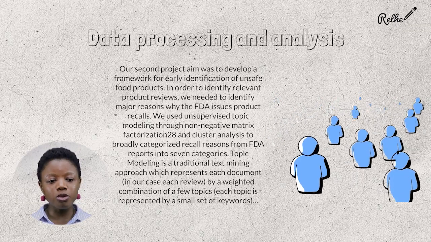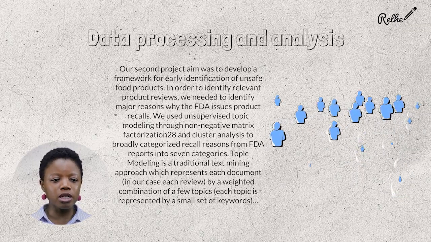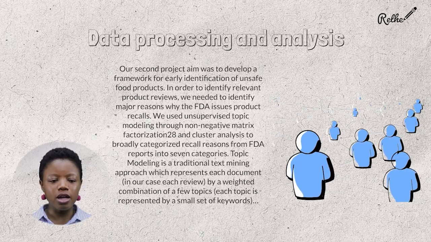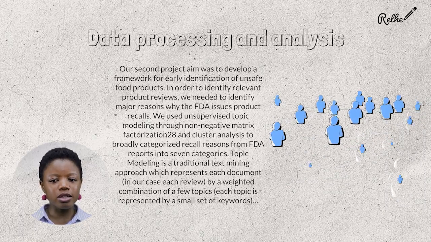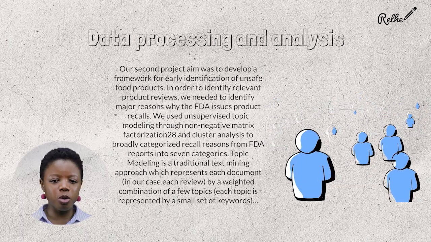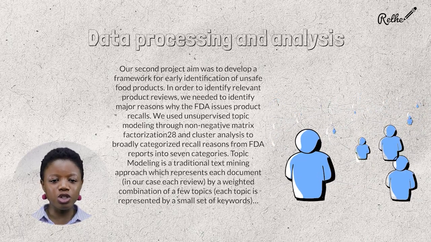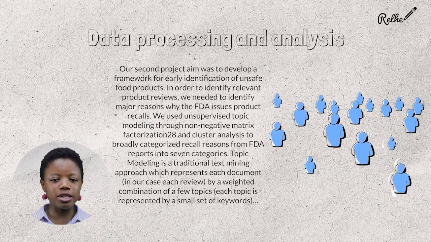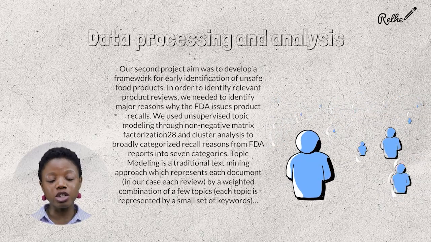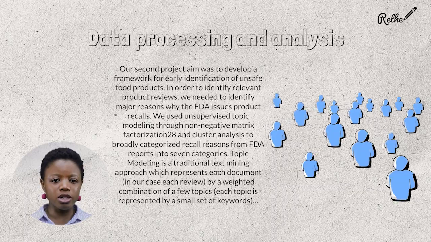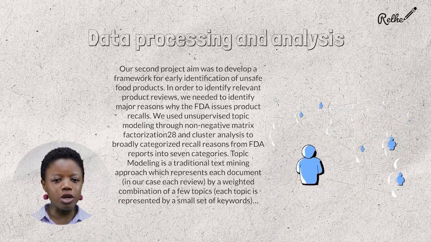We use unsupervised topic modeling through non-negative matrix factorization and cluster analysis to broadly categorize recall reasons from FDA reports into 7 categories. Topic modeling is a traditional text mining approach which represents each document, in our case each review, by a weighted combination of a few topics. Each topic is represented by a small set of keywords.